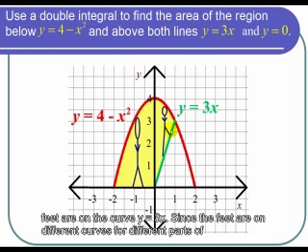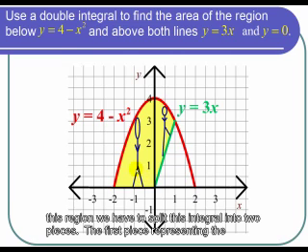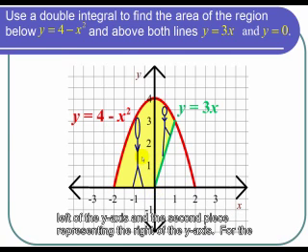So since the feet are on different curves for different parts of this region, we're going to have to split this integral into two pieces. The first piece representing the left of the y-axis, and the second piece representing the right of the y-axis.